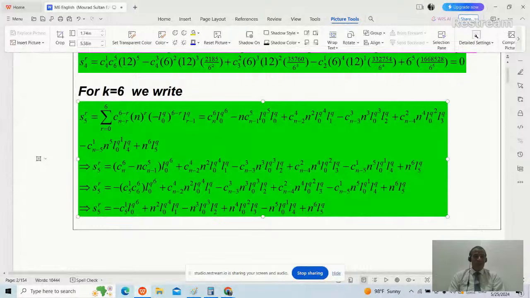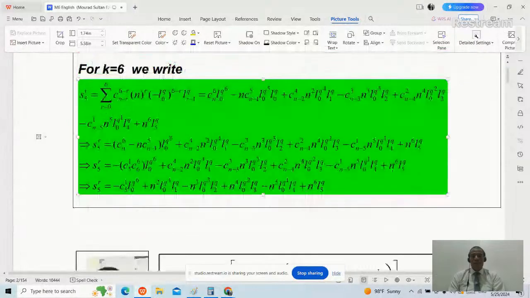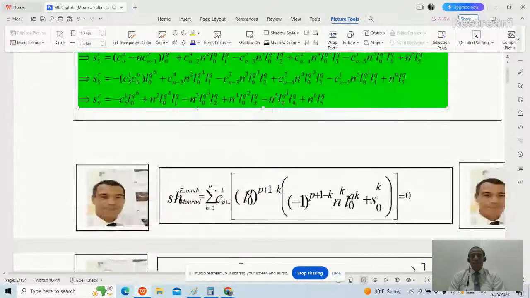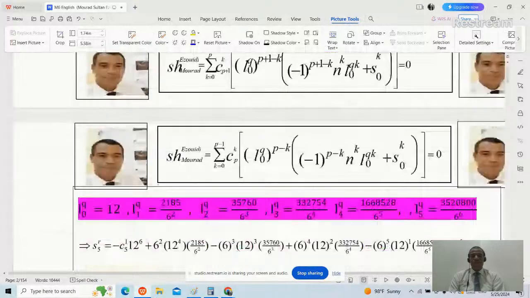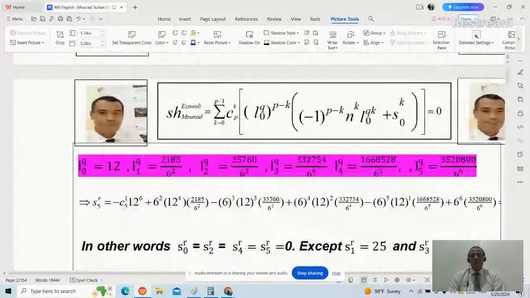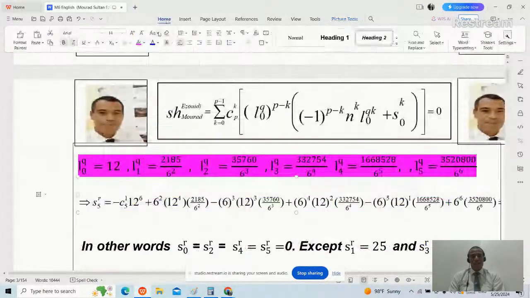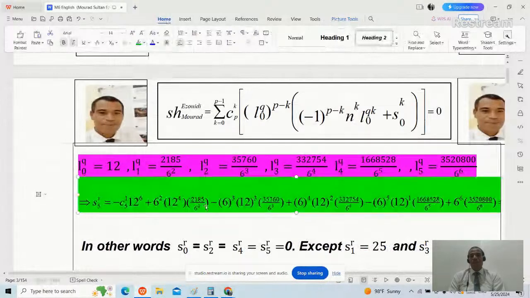After that, we just focus on the last formula, this one. I should find the value of this and I should figure out the value of S5. Now, learners, to find the value of this, I'll try to put it here, no problem.